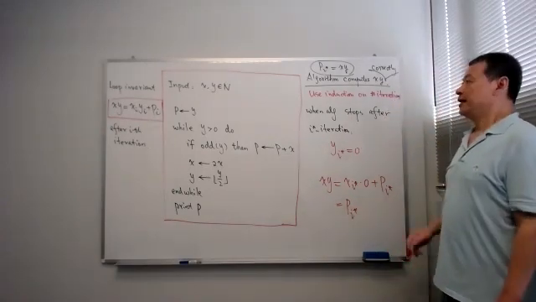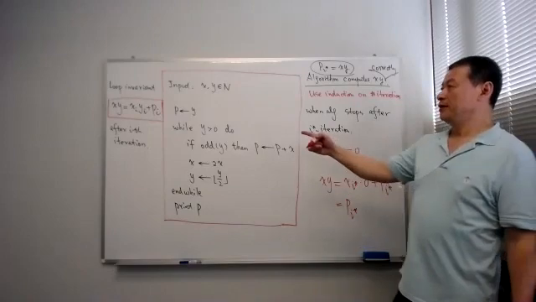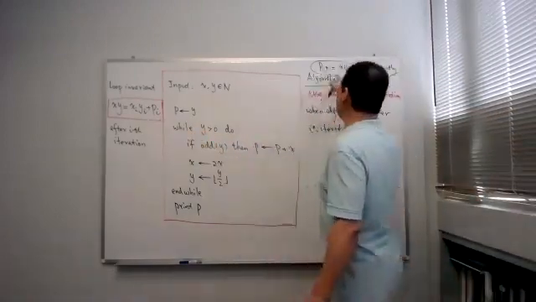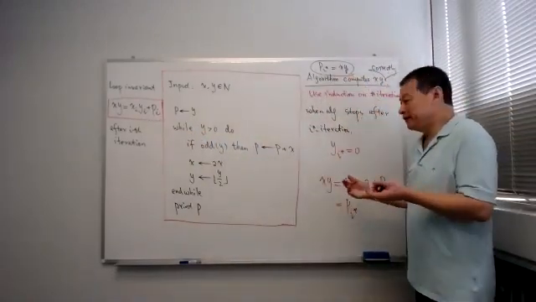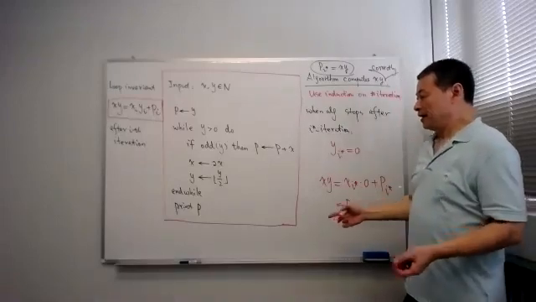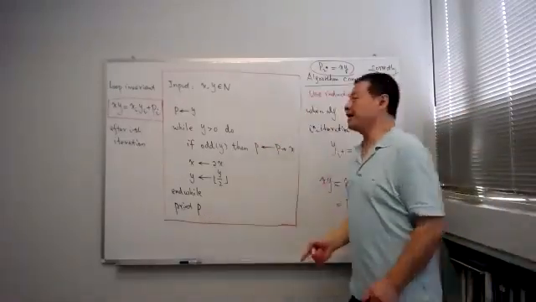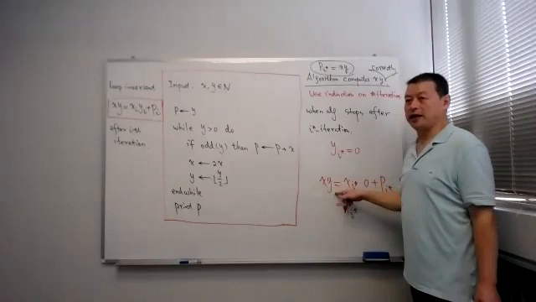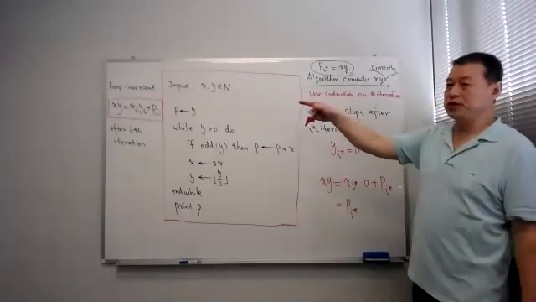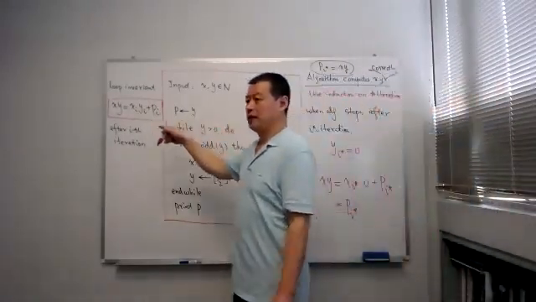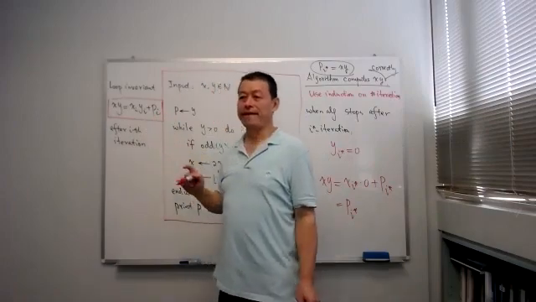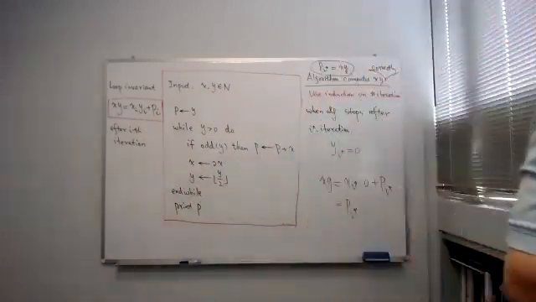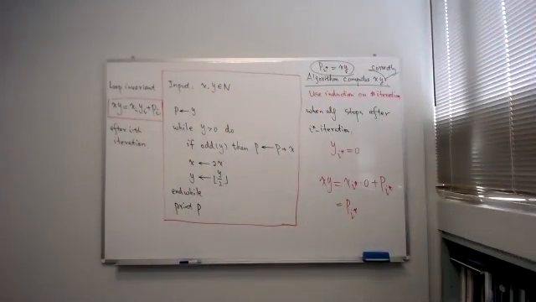So when the algorithm terminates, from the loop invariant, we get this. Therefore, when the loop terminates, the value of p exactly equals x times y. So that's what we're going to prove. All right. Let's see the time. About running out of time.